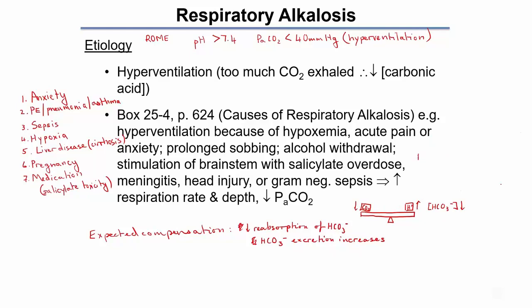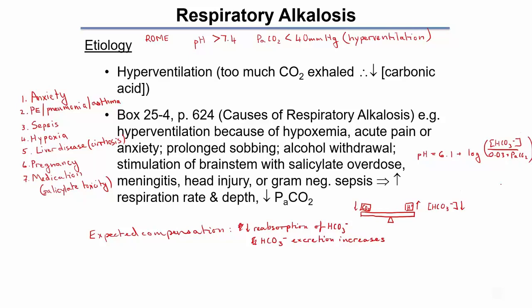The other way to do it is to use the Henderson-Hasselbalch equation: pH equals 6.1 plus log of bicarbonate over 0.03 times PaCO2. We've written this a few times already. That has to be a 20-to-1 ratio. Log of 20 is 1.3, and 6.1 plus 1.3 is 7.4.